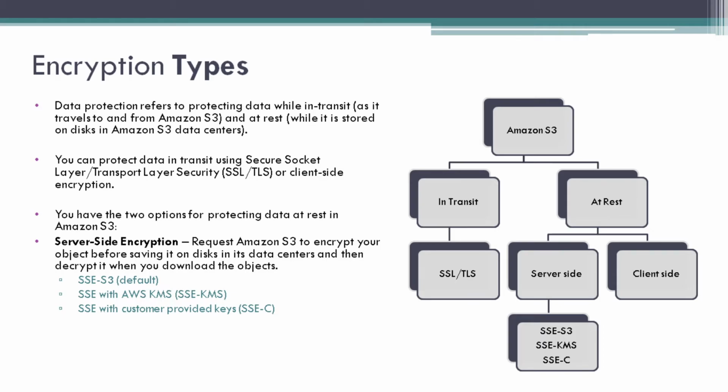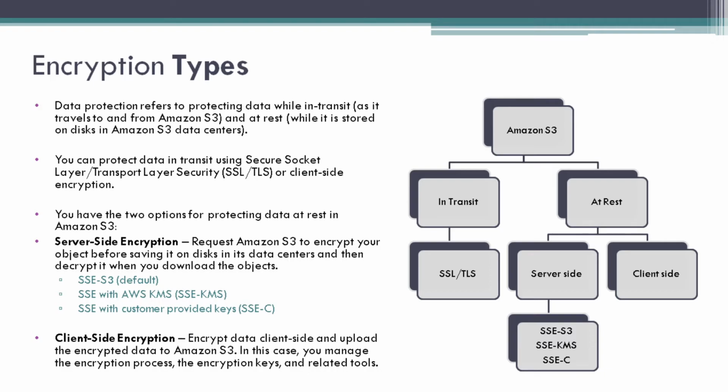That means your data will be stored on the disk of the Amazon S3 data center, while at rest. You also have three options for server side encryption: first is SSE-S3, SSE-KMS, and SSE-C. In the next slide we will see them one by one in detail.